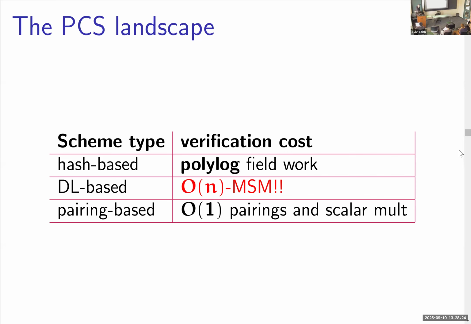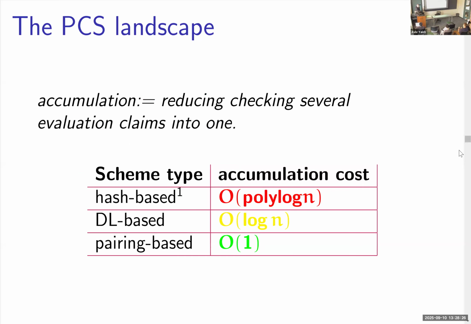But a few years ago there was a very nice observation. I should have credited the Halo paper here. A big mitigation is noticing that in many use cases we're not verifying one proof.